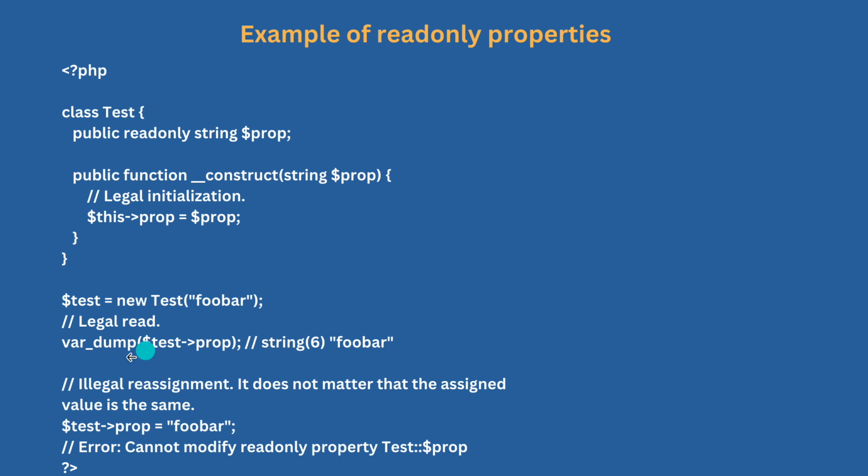So if you see here, if you're trying to reassign the value, if this property is read only, you will not be able to reassign from here, but you can assign from inside the class. I have created an object and passed one value while creating it, which assigned the value.